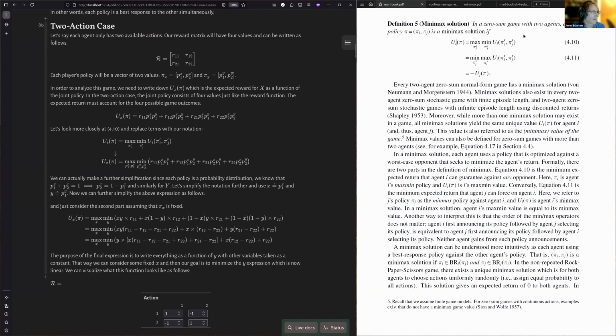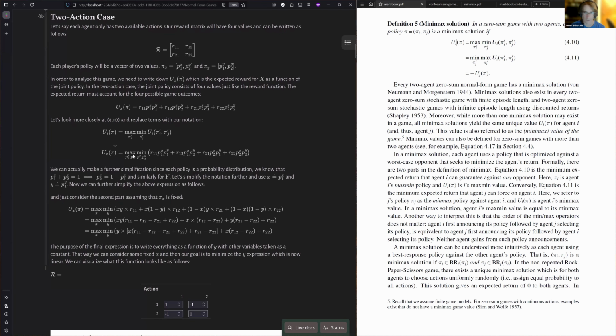Now, we can look back at this equation 4.11, and we can rewrite it using this notation. So this was expression 4.10. Now, if we rewrite it here, we have this min and max, but now instead of just leaving it as the policy, I'm explicitly writing the 2 variables that make up the policy.